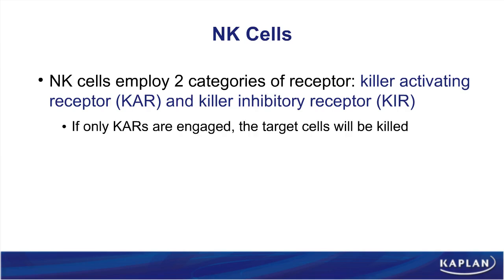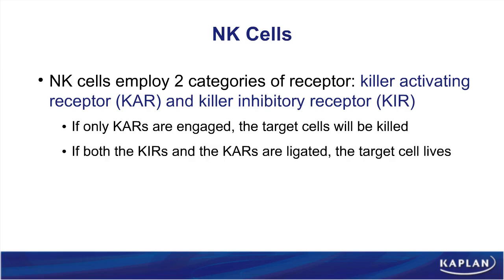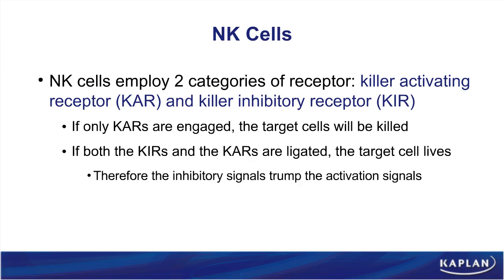When the activating receptors are engaged without the involvement of the inhibitory receptors, the target cell is killed. What that means is that the inhibitory receptor did not find a class 1-like molecule, and that means the cell is likely either transformed or virally infected. If the inhibitory receptor as well as the activation receptor are ligated, then the target cell lives. Another way to say that is that the inhibitory signal always trumps the activation signal.